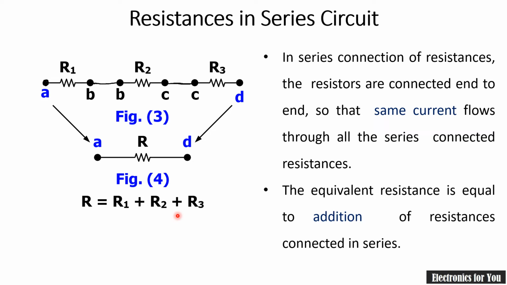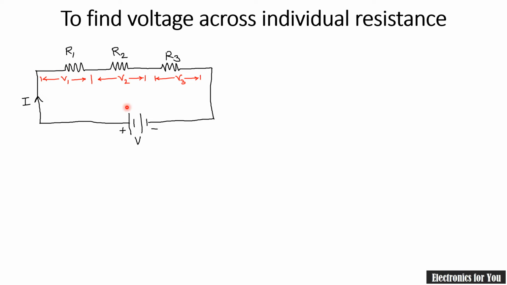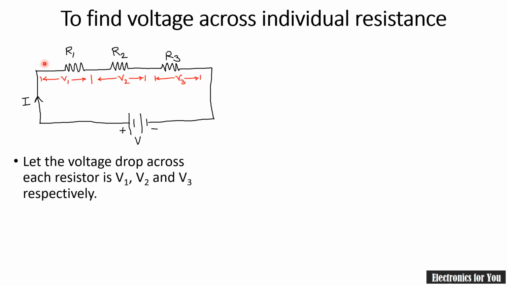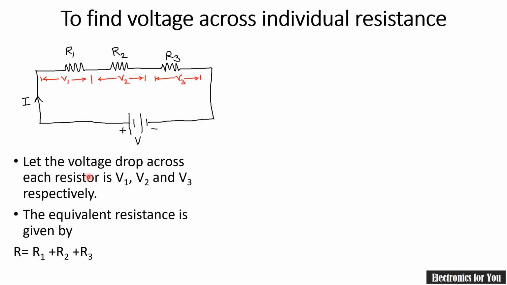Now let us discuss the third parameter, that is the voltage across individual resistances, that is the potential drops across each resistance. Let us assume that the potential drops are V1, V2 and V3 across resistances R1, R2 and R3 respectively. We have already assumed the current passing through them is I. Here we have also calculated the equivalent resistance R, which is nothing but R1 plus R2 plus R3.